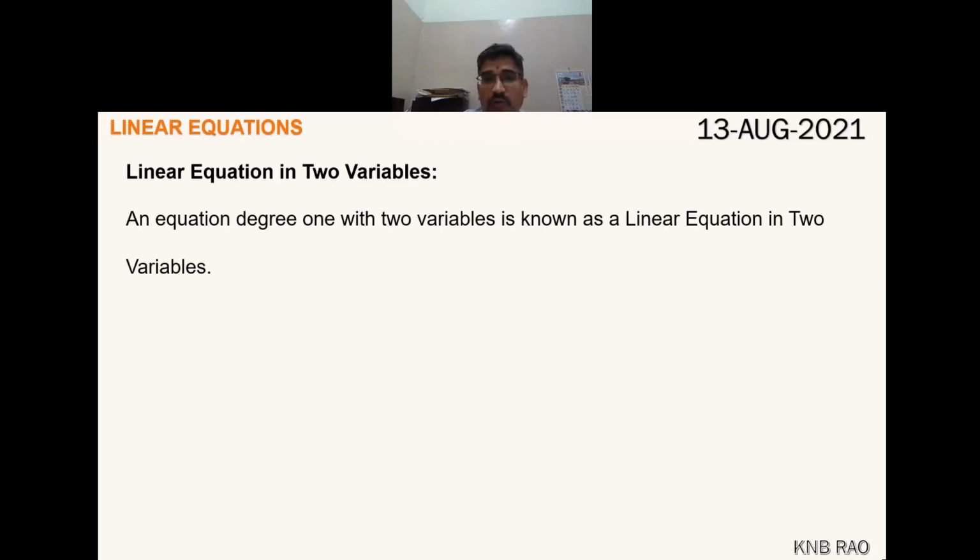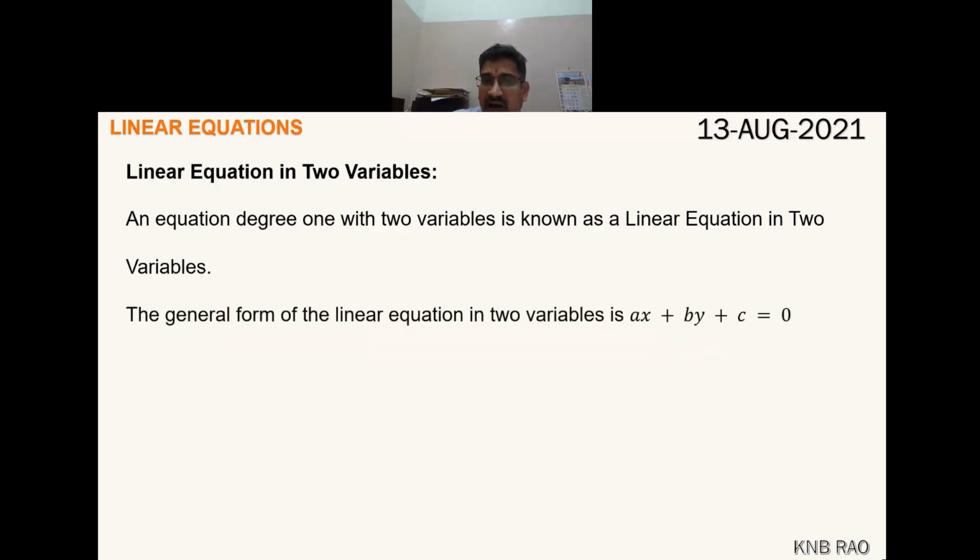An equation of degree 1 with two variables is known as a linear equation in two variables. Degree 1 means the degree of the variables must be at most 1, and we will have two variables in it.